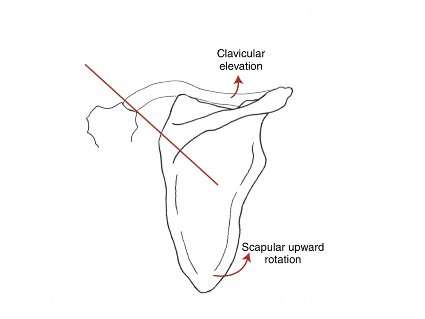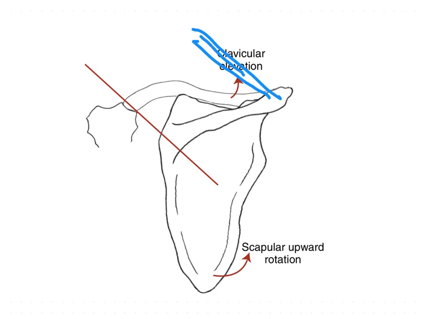And for that 60 degrees of motion, movements also occur at the SC joint and AC joint along with the scapula. Such movements are produced by the force couple of the trapezius.